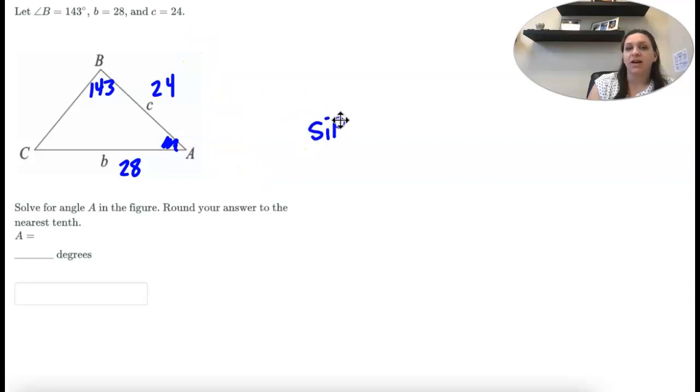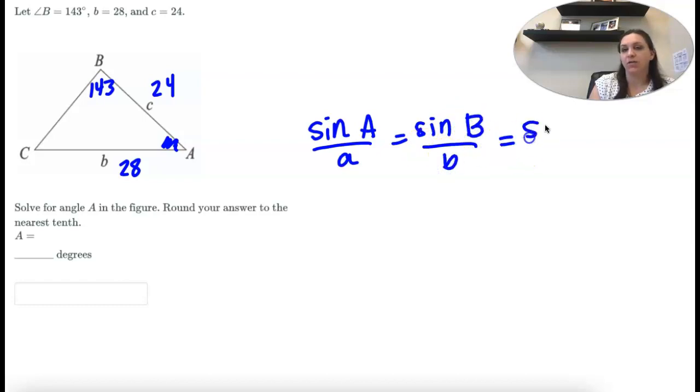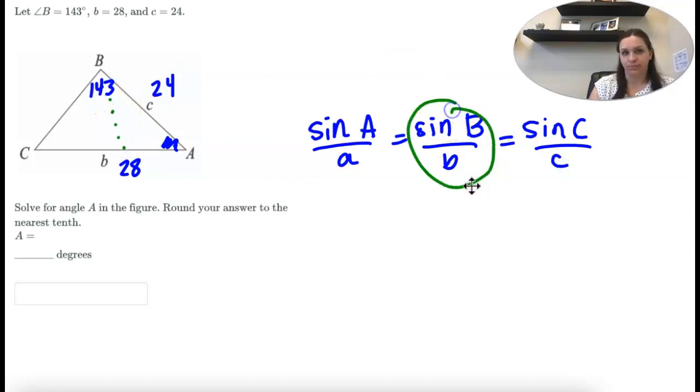So if I have my law of sines written out, remember I can only use 2 at a time. So I'm definitely going to use B to B, right? Because I have angle B and I have side B. So I need angle A. But I don't have side A, and there's not a way to solve for sides.